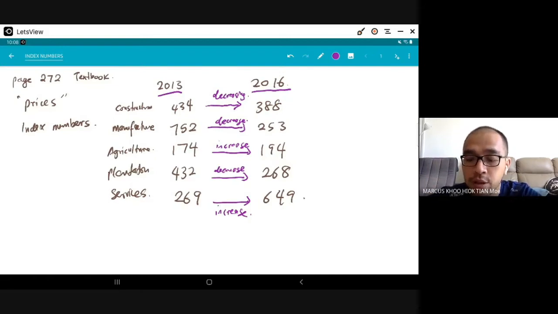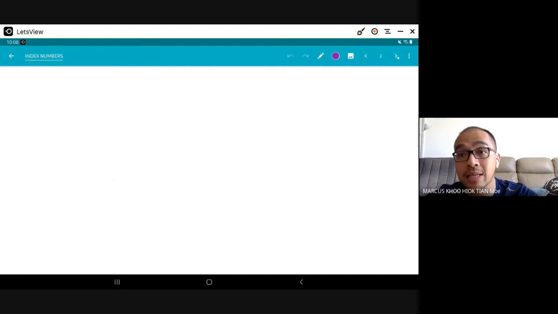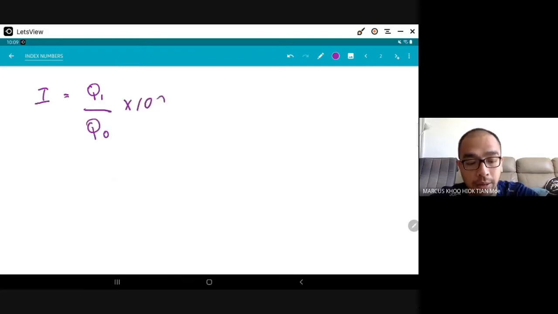So they use this formula, which is called the index number, and I'm going to teach you now. The index number formula is the number for that specific year over the number for the base year, times 100.